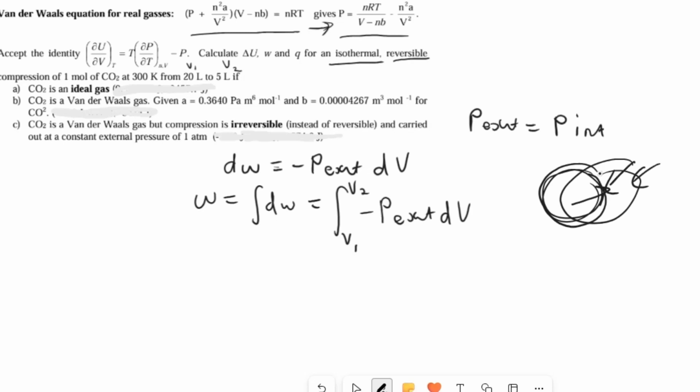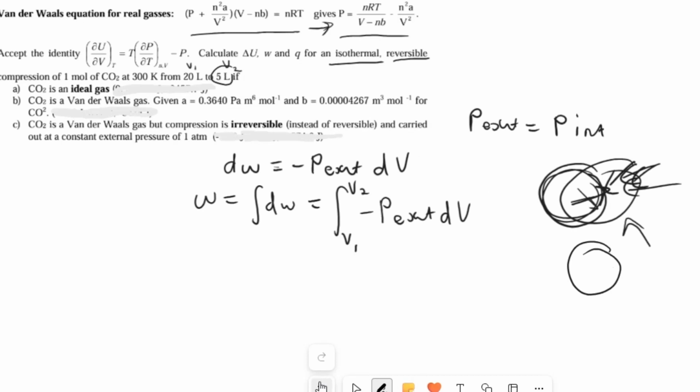As the container becomes small, the two pressures are equivalent to each other but change as time goes on. The external pressure starts off smaller, equal to the internal pressure, and then both increase in magnitude equivalently until the container becomes 5 liters.